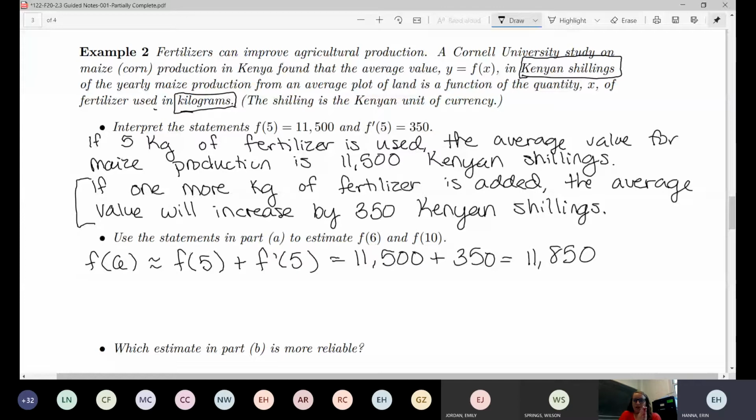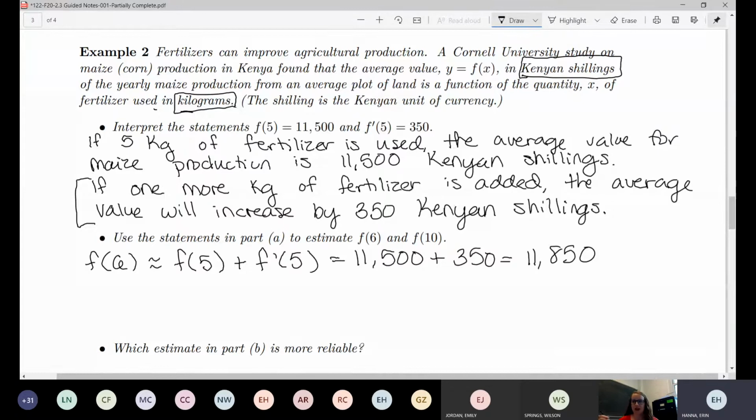So essentially I used that derivative value to jump to the next value up. Now this would be an estimate. I don't know exactly that f of 6 would be 11,850, but I can estimate based off of the information that I'm given that that might be a decent approximation.